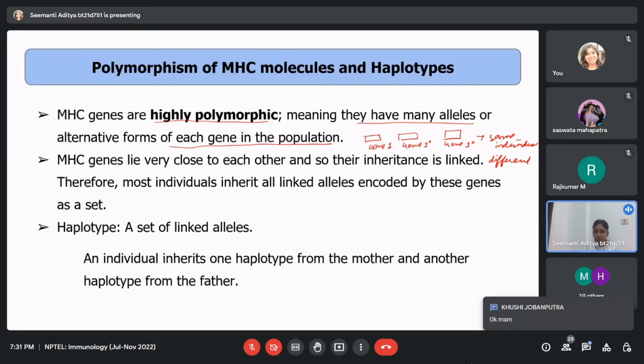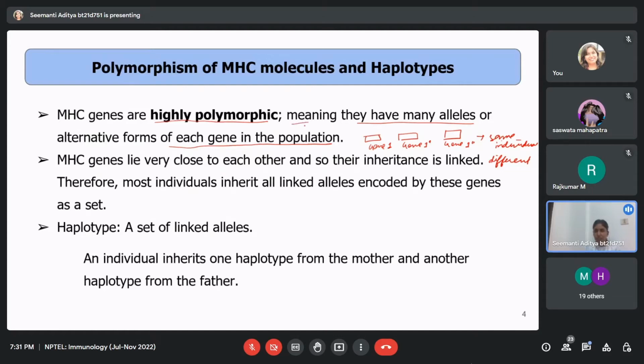So polymorphism means that we'll have different alleles or alternative allele forms of each gene in the population. Different alleles means there will be minute differences in particular sequences of this gene.